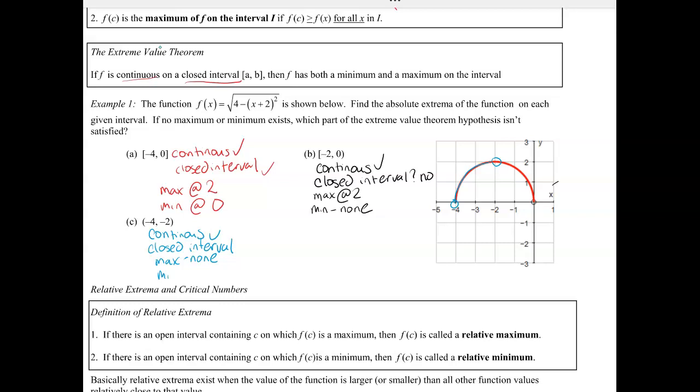And then my minimum is also usually at 0, but unfortunately I can't say how many zeros go in front of the 1, so it'd be 0.00000001 maybe, or more zeros. Who knows? Because I can't determine that, I also have to say that there's no minimum on this one. Again, in order for the extreme value theorem to apply, you have to have a continuous function on a closed interval. That is the only way to guarantee that you have a maximum and a minimum that you can find.